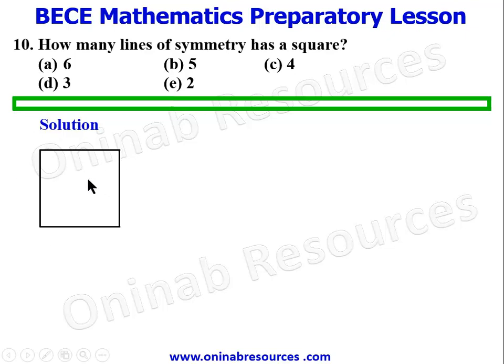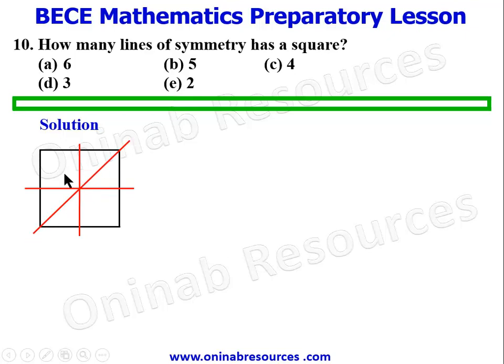Since all the sides are equal, the first line of symmetry divides it into two equal rectangles. Also vertically, it divides into two equal rectangles here. And since they are equal, we can also divide diagonally.